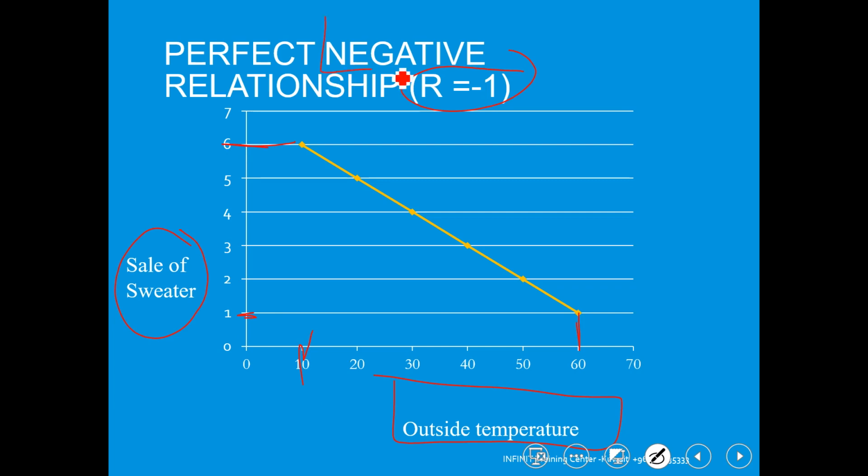So we can say this is a negative relationship, and because the proportion of increase or decrease in the values are same always, we can call this a perfect negative relationship. And the value of this relationship is -1.